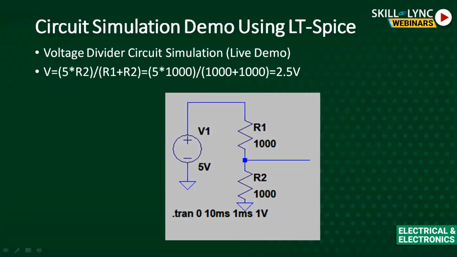That means in theory you know how the circuit works and you know the formula, and you are able to theoretically calculate how much voltage you will expect at the midpoint between R1 and R2. I've just shown you that if this is the circuit, then we should expect 2.5 volt at the midpoint of R1 and R2.